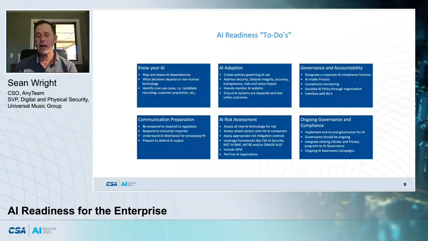And then again, having an AI ongoing governance and compliance program. Again, I think this is a critical aspect. I think governance is probably one of the biggest things that you want to surround your AI organization with, or the formalization of some sort of a governance and compliance program to ensure that there's visibility around the AI use within your organization.